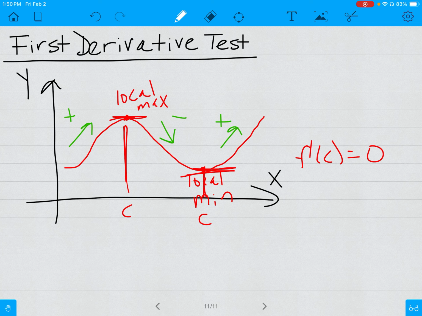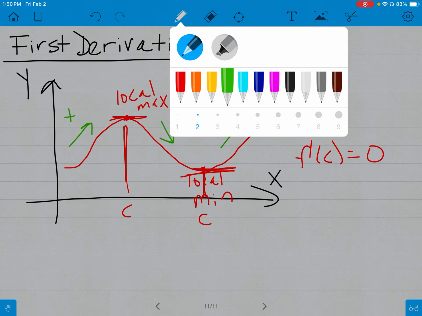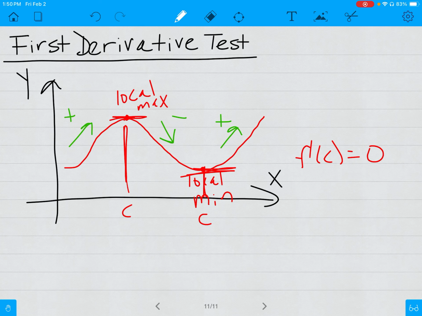The other thing to be aware of, there are cases where you can have a critical value and there's no extremum. That is totally possible. I'll give you a visual example here. If instead of having a defined hill or valley, let's say that we had a function where we're increasing and then we flatten and then we increase some more.